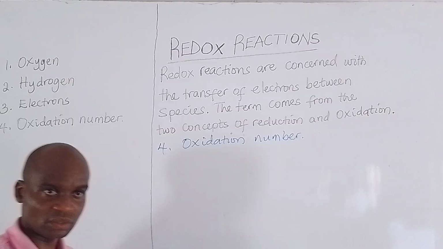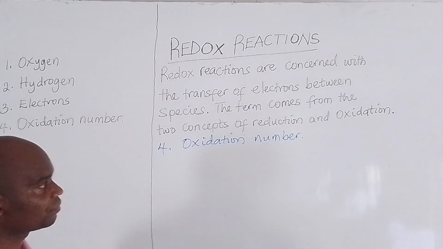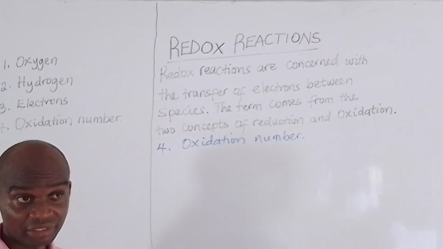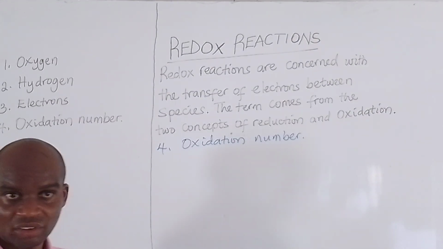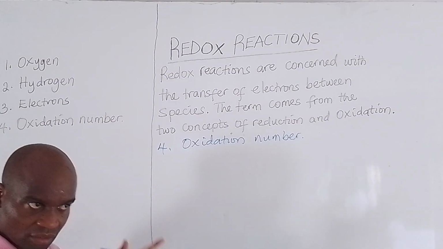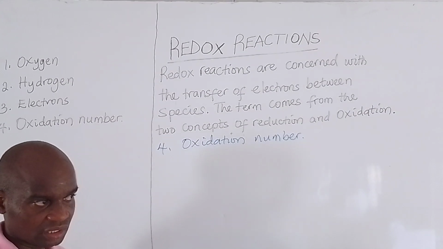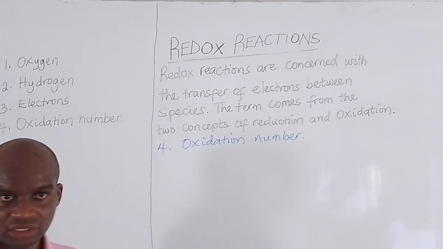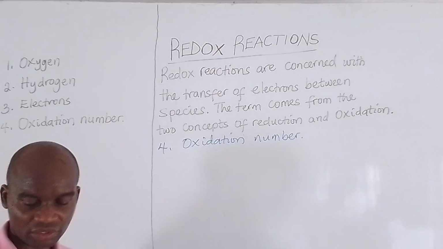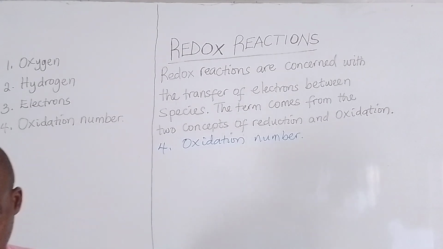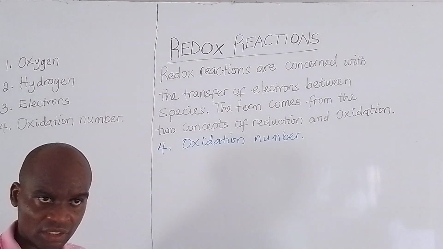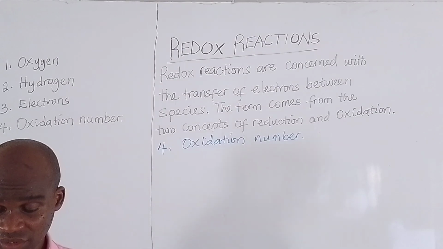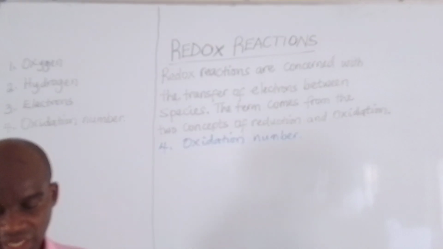This is to say, whenever oxidation has taken place, there is an increase in the oxidation number of a particular species that is involved in the reaction. And whenever reduction takes place, there is a decrease in the oxidation number of a particular species that is involved in the reaction.